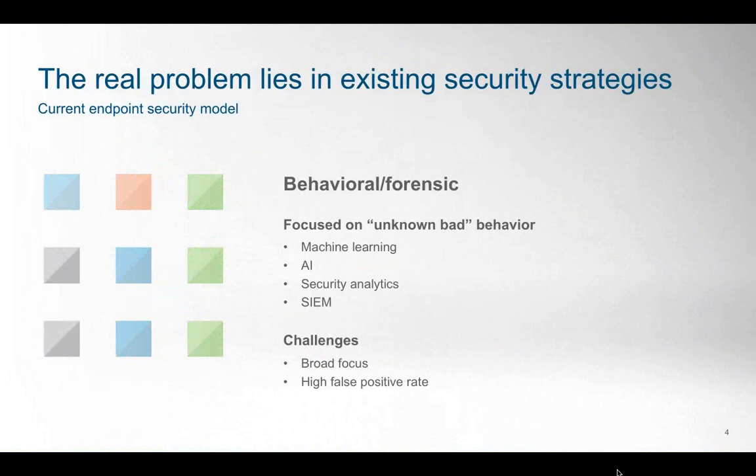The issue with behavioral or analytics-based systems is that the focus is very, very wide, because you're collecting logs from all the systems or tapping into your SIM systems, your analytics, and so on. So the focus area is pretty wide, which results in very high false positives that I think security operators are very, very familiar with.